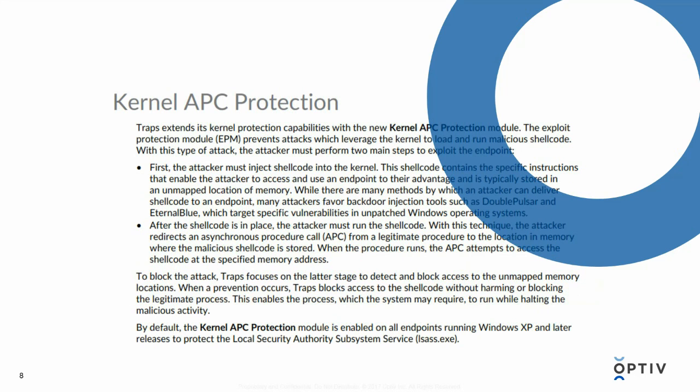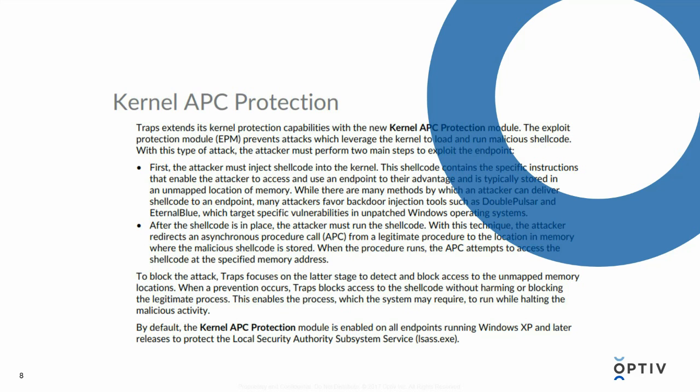Kernel APC protection. Traps also extends its protection capabilities with the new kernel APC protection module. This module will prevent attacks which leverage the kernel to load and run malicious shellcode. With this type of attack, the attacker must perform two main steps to exploit the endpoint. First, he has to inject the shellcode into the kernel, and then, once the shellcode is in place, the attacker must run the shellcode in order to exploit that endpoint.